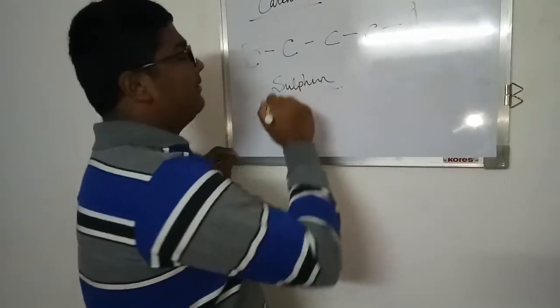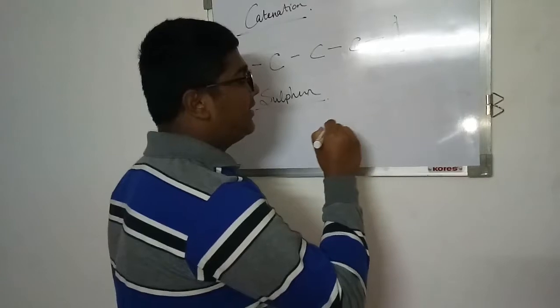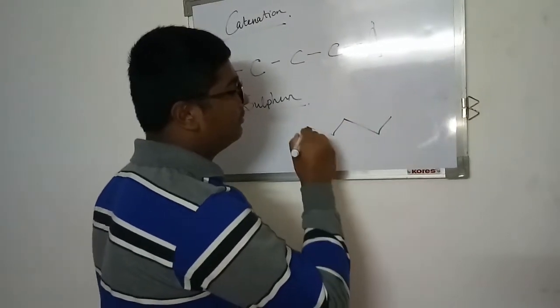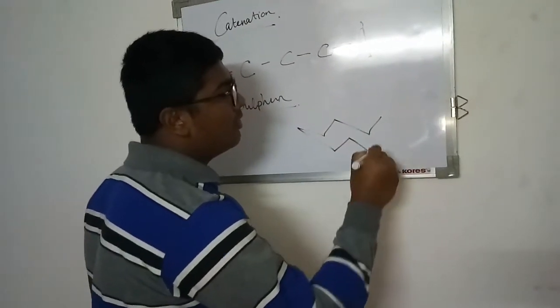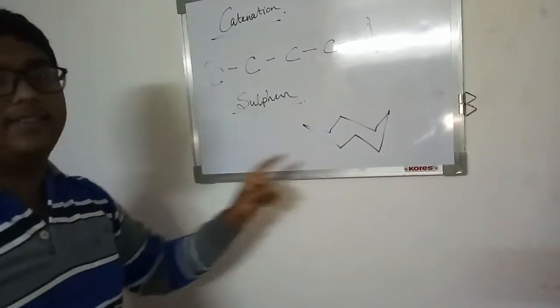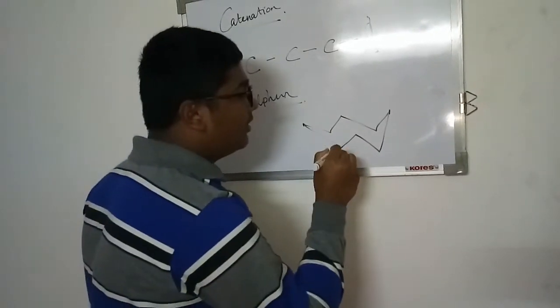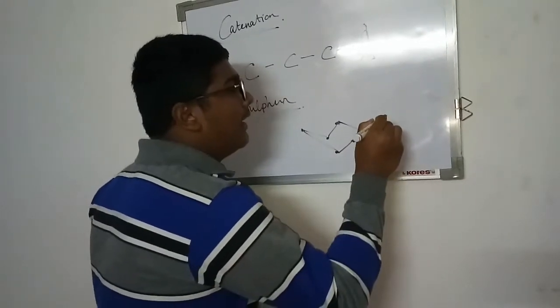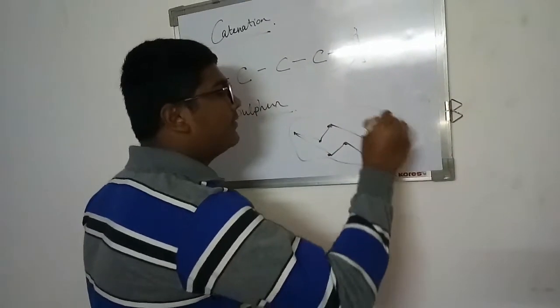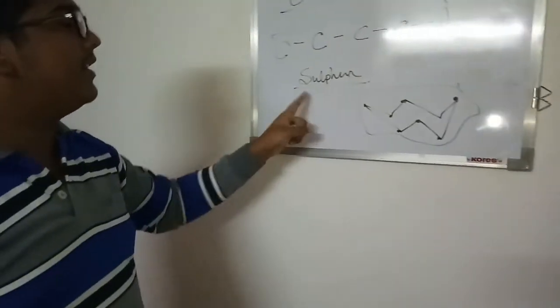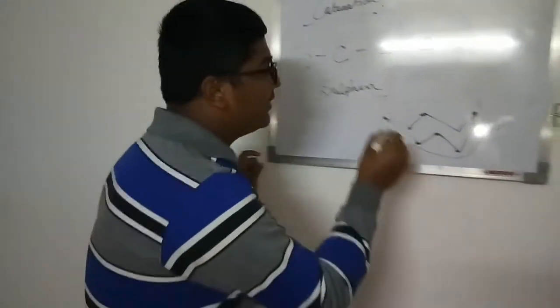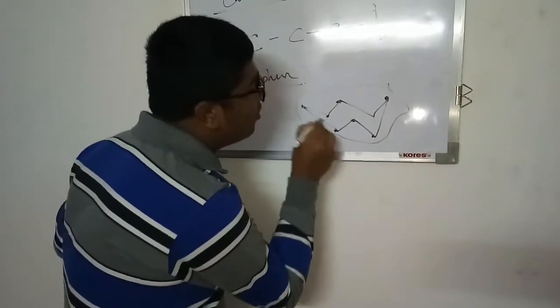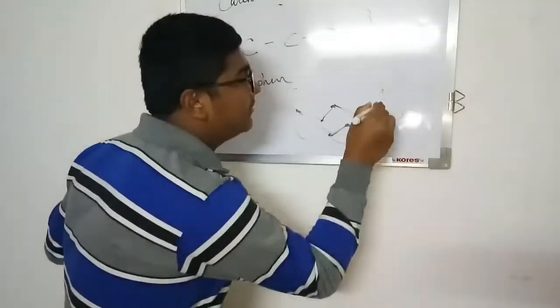For example, sulfur actually forms an S8 molecule, which is particularly shaped like this, and each dot here defines a sulfur atom. And in this formation of sulfur catenated compound, these are also actually bonds. These are actually covalent bonds between the sulfur atoms.